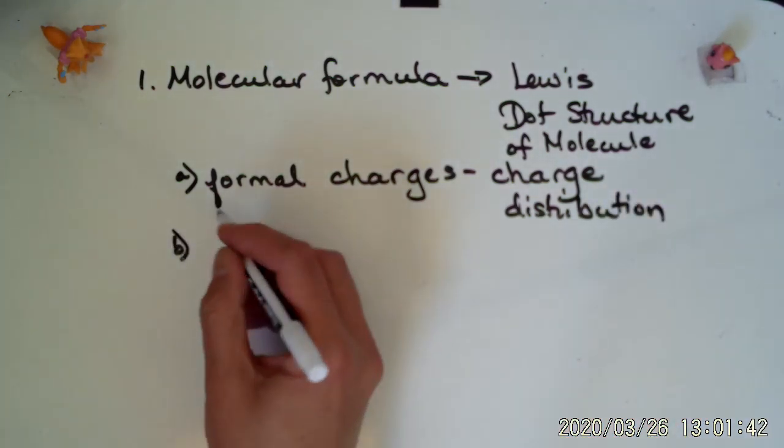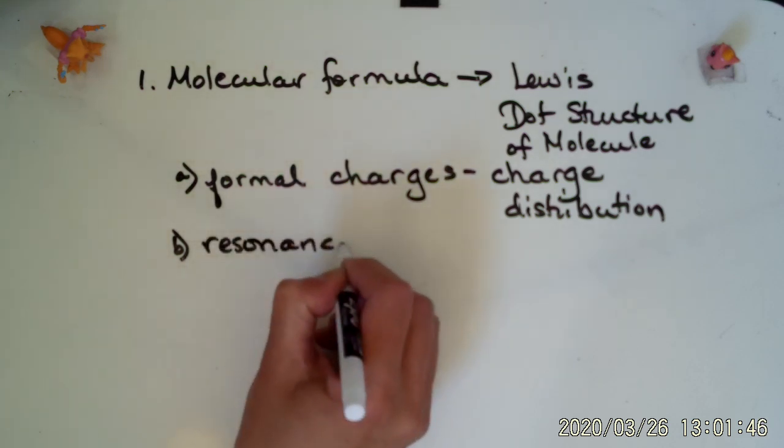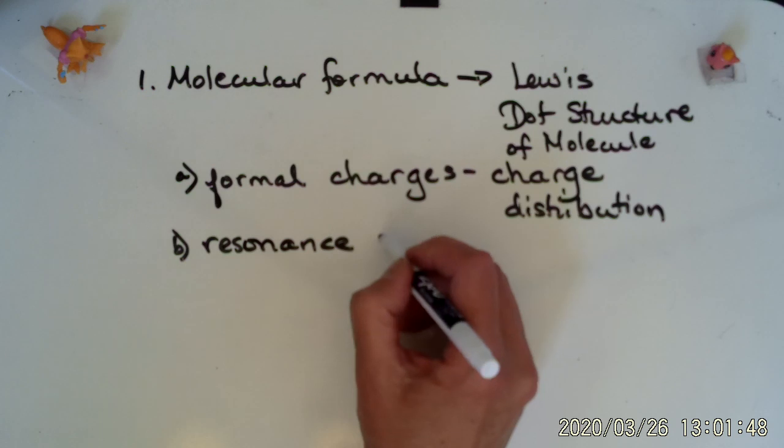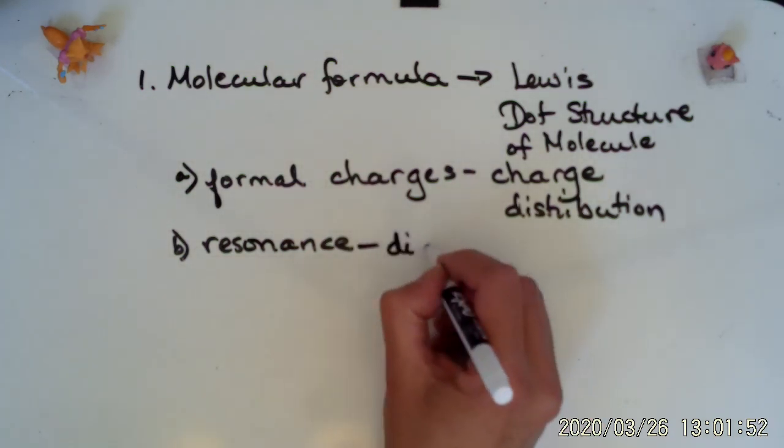Two, we looked at resonance. Resonance can only occur if you have distribution of electrons, right?